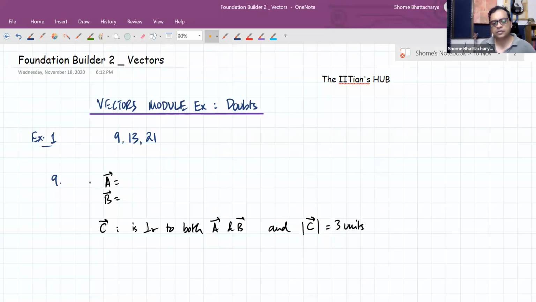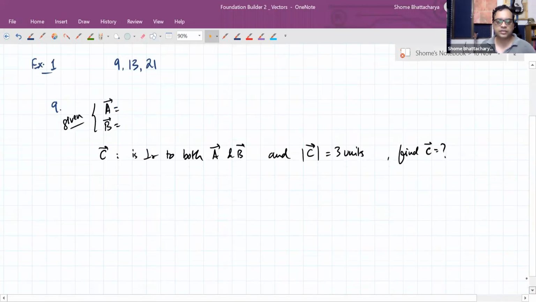So A and B are given, and from that we have to find the vector C. I'll tell you the general method first, then we'll discuss this particular question, because this is actually a very easy question the way it is given.